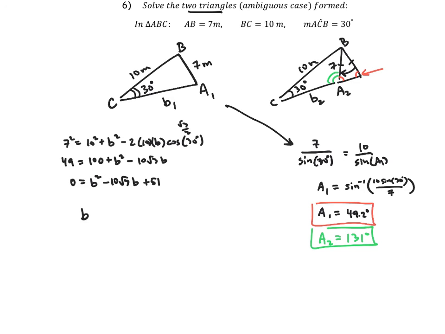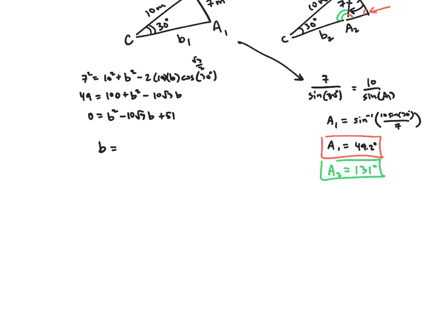I'm going to use the quadratic formula here to find the two values for B. So it'd be the opposite of the coefficient of the linear term, the opposite of negative 10 root 3, plus or minus the square root of b squared, which would be 10 squared times 3, which is 300, minus 4AC, which is 4 times 1 times 51, that's 204. And of course I'm going to divide by 2A, which would be just 2.